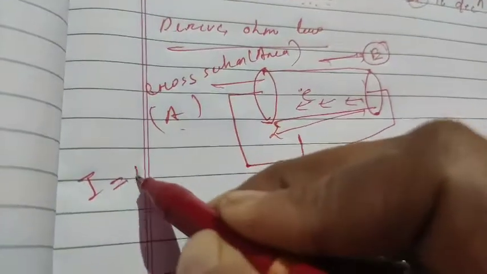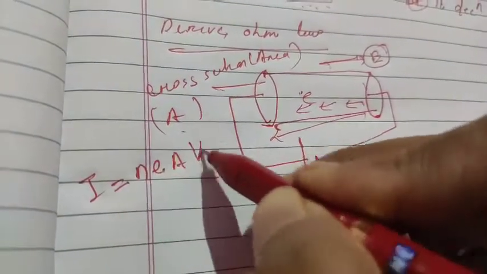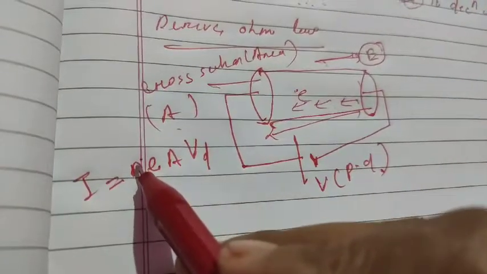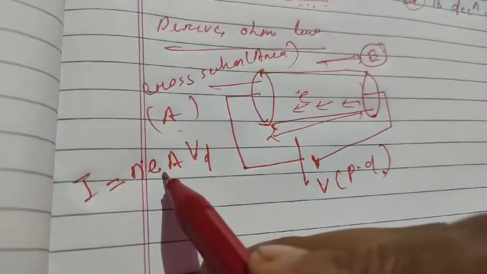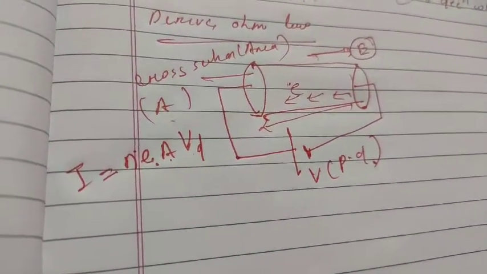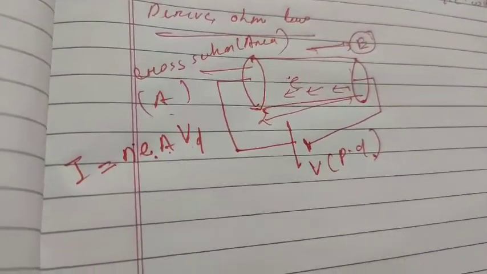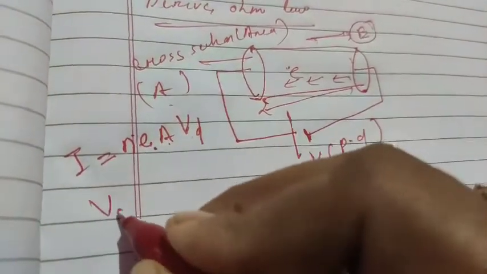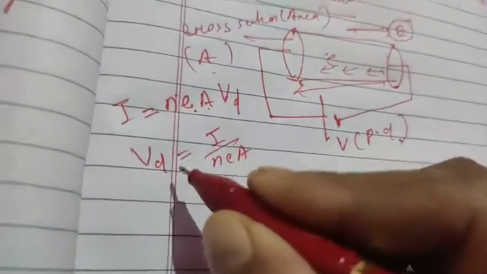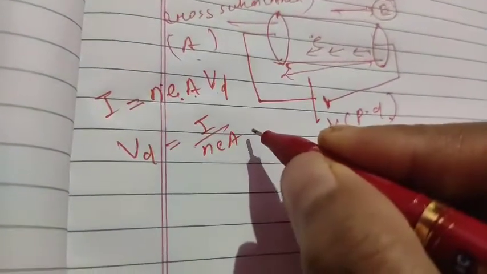I is equal to neAVd, if you remember my last video. n is the number of electrons, e is the charge of electron, A is the cross-sectional area, Vd is the drift velocity. Clear? So what is Vd? Vd is equal to I by neA.